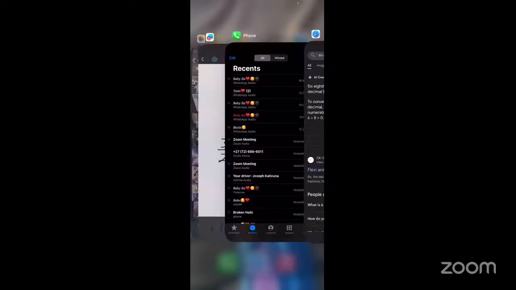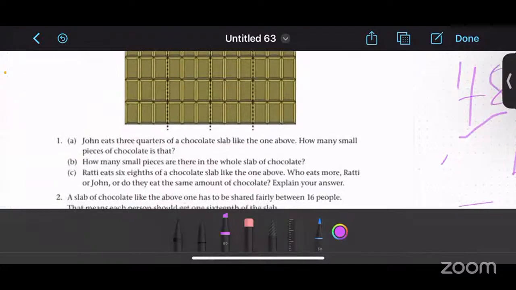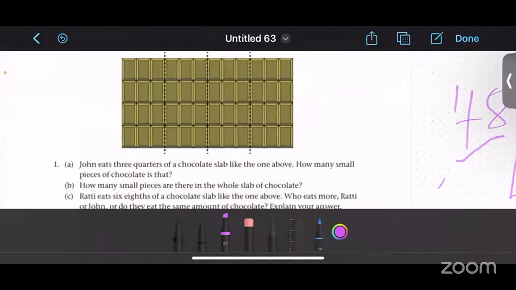Ma'am, I think because if you say 3 multiplied by 3... if you say, ma'am, I think because there are 48 slabs in the chocolate, and you have to multiply it by 6 over 8 because that's the amount of chocolate that she ate.